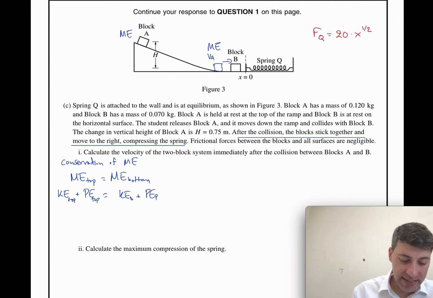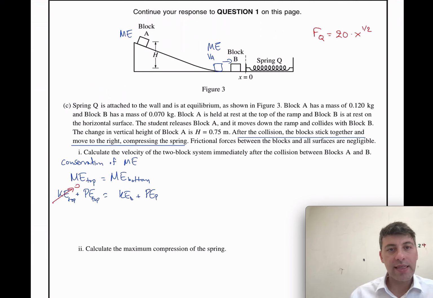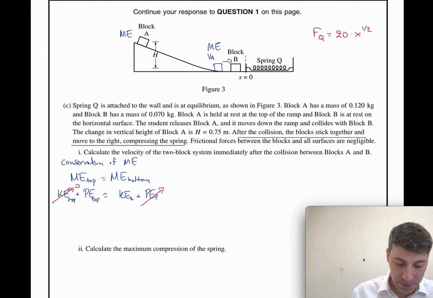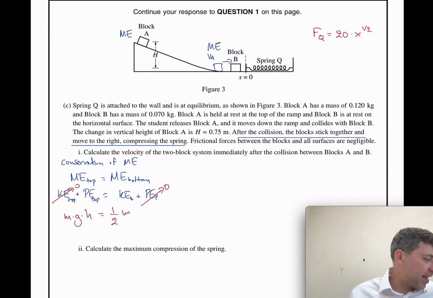Now, the kinetic energy at the top is 0 because this object A is at rest, and the potential energy at the bottom is 0 because the height is 0. So the mass times g times height is equal to 1 over 2, the mass of object A times velocity just before the collision to the power of 2.